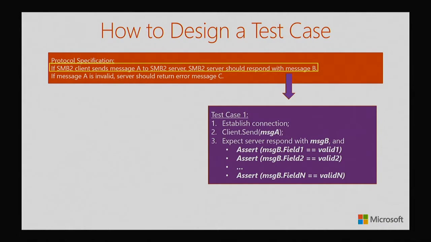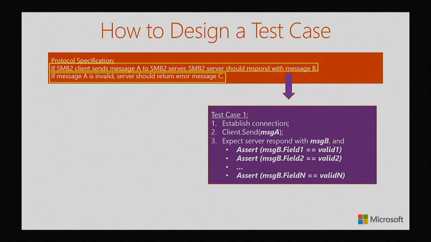The test case will first establish a connection between the SMB2 client and the SMB2 server, and then the client will send a message to the server, and we expect the server to respond with a specific message with some fields filled with special data. Then our test case verifies that every field of the message has valid data. So this is for the client sending a valid message to the server.